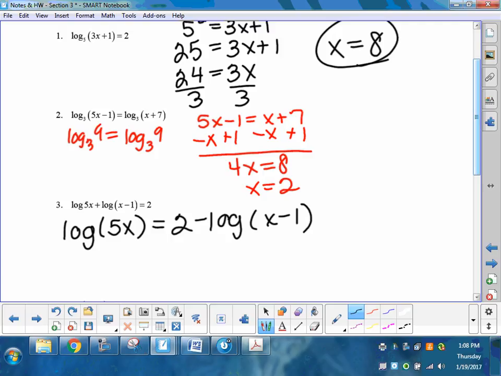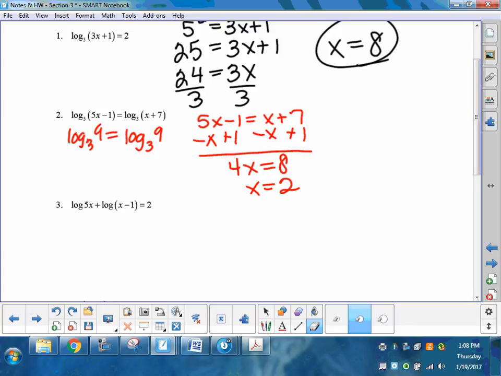Can anybody tell me what step you want to take? You act like this is something new. The skills that we've done so far, you already know how to do this. You're just apprehensive. We're not going to set it equal to 0.